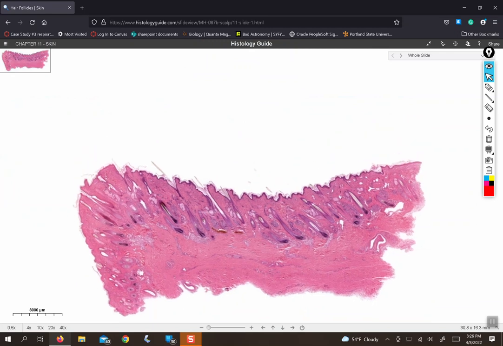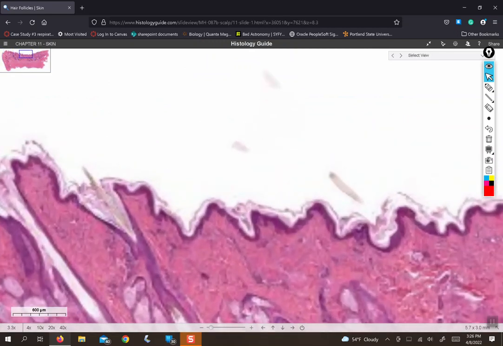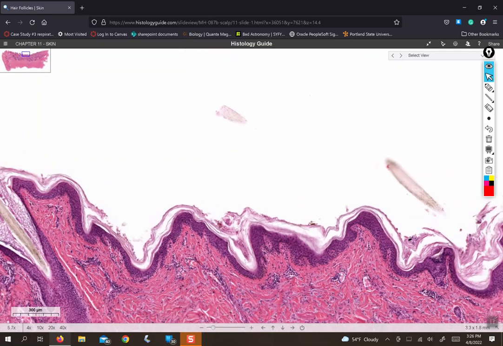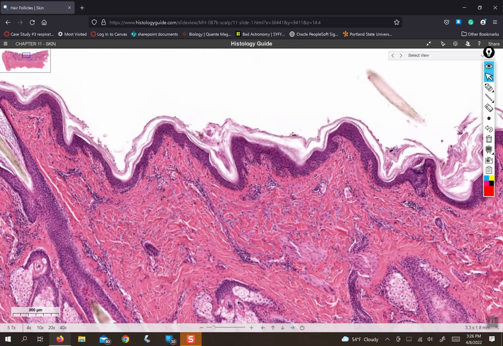So what you can see right off the bat, if you look closely, is that the stratum corneum is much thinner. So unlike the big, huge stack of keratin that was sitting on top of the thick skin, the stratum corneum in thin skin is relatively thin and wispy.